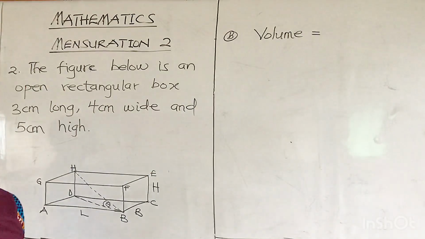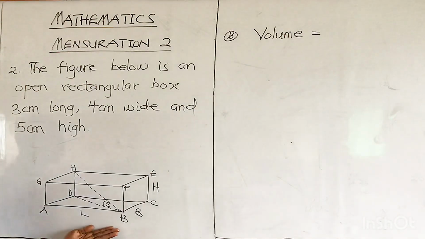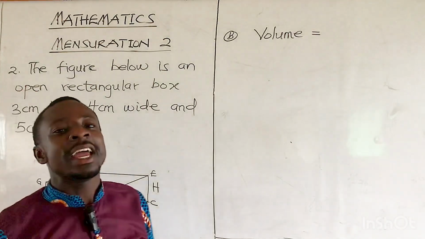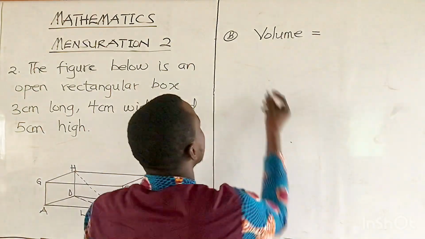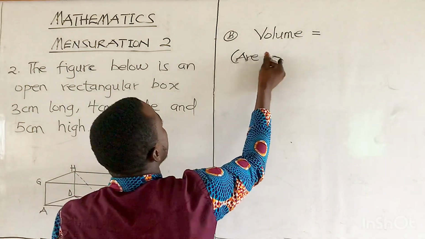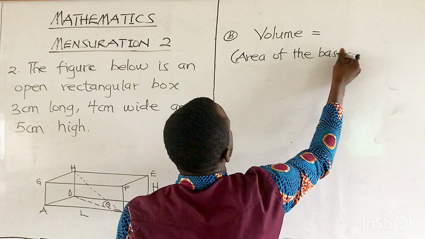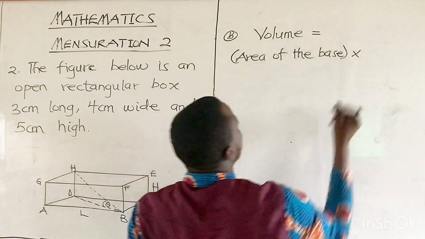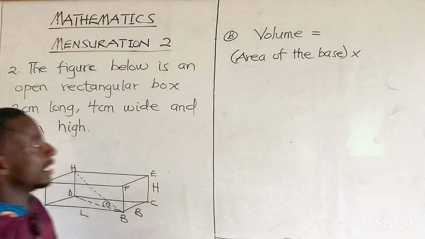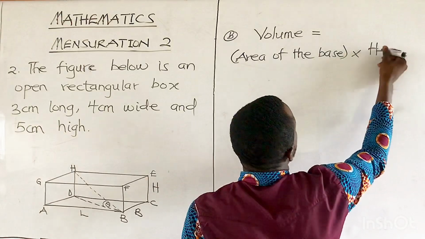Now, basically, the volume of any prism is always equal to the area of the base multiplying the height.